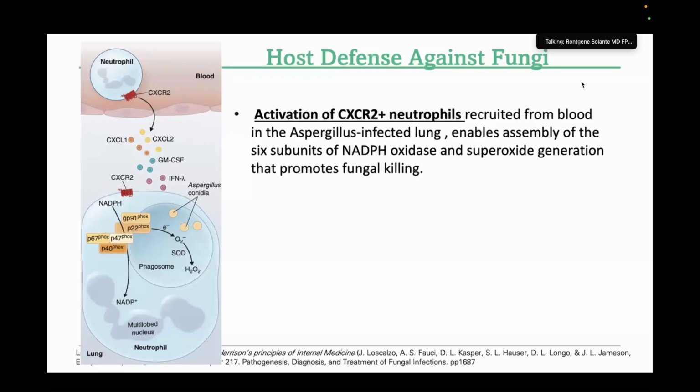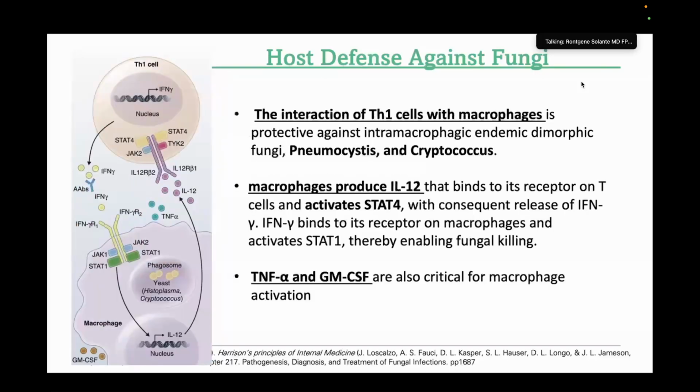It starts first with a lung infection, and then once the Aspergillus goes into the blood, our immune system, if it is intact, will produce neutrophils, specifically CXCR2, that will lead to a cascade of events that will produce your NADPH pathway to produce superoxide substances to prevent your Aspergillus from reproducing inside the neutrophil of an infected lung. So that's the most important protection against an infection that is usually common in the lungs, specifically activating the CXCR2-positive neutrophil.